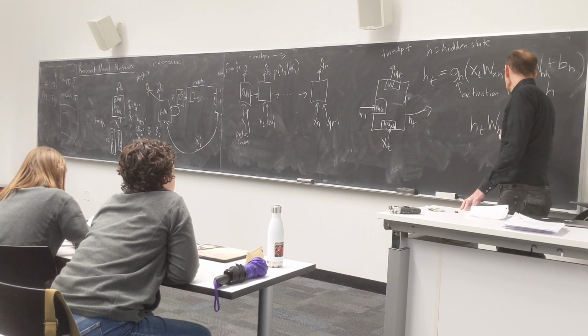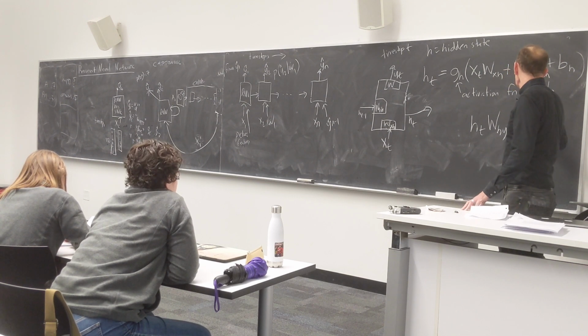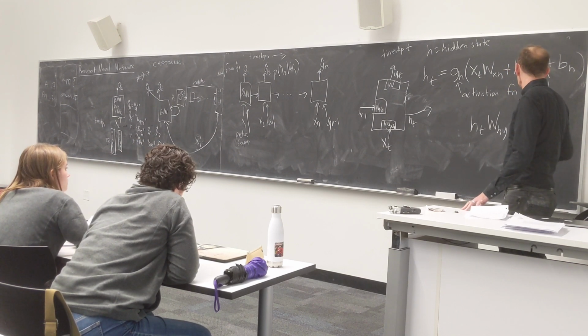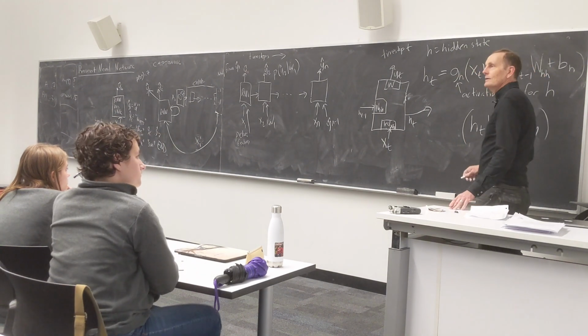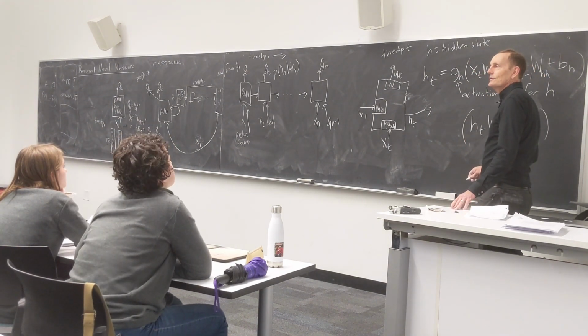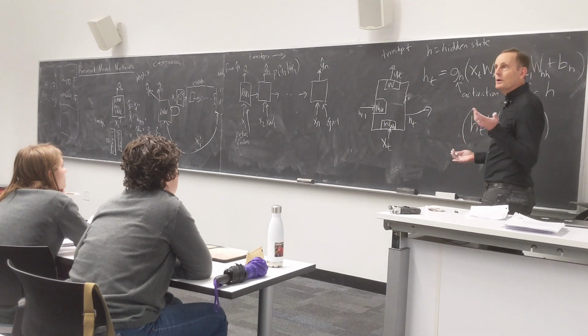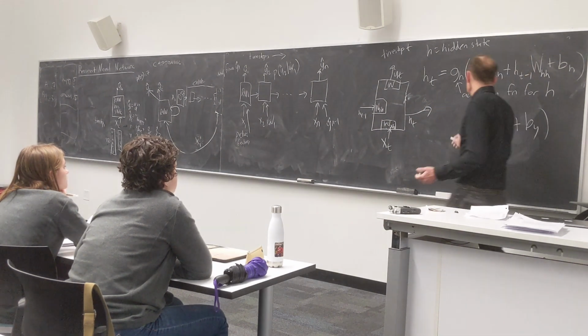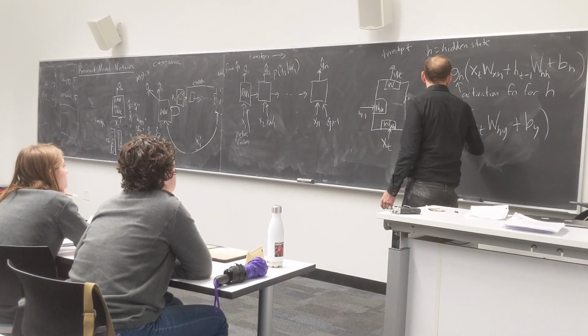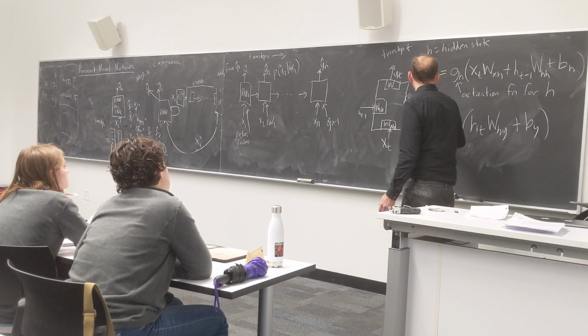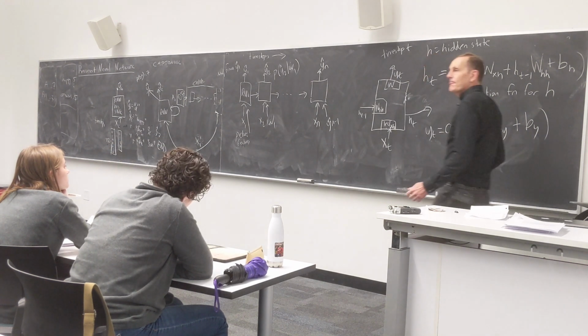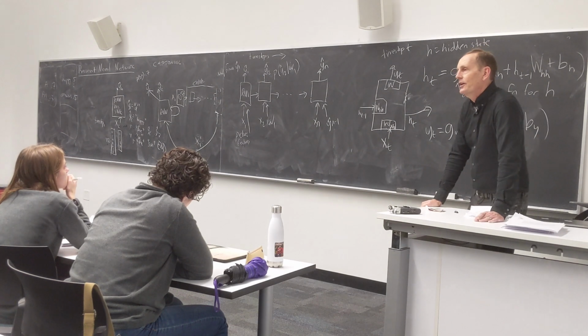HY, because it takes an H and gives you a Y. What do we do to it as well? We'll add a bias, b sub y, and we will apply an activation function. Maybe a softmax, maybe sigmoid, maybe ReLU, who knows? G sub Y. And this is Y sub t. That is all an RNN is.